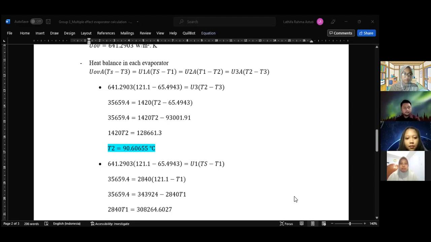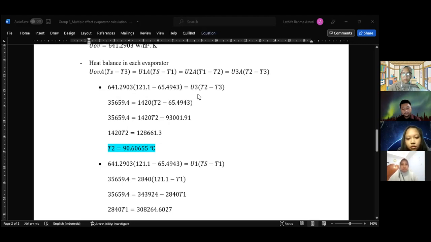So the next step, we input the value of the overall heat transfer coefficient, that is 641.2903, times the temperature of steam, that is 121.1 minus 65.4943, that equals U3 times temperature 2 minus temperature 3.